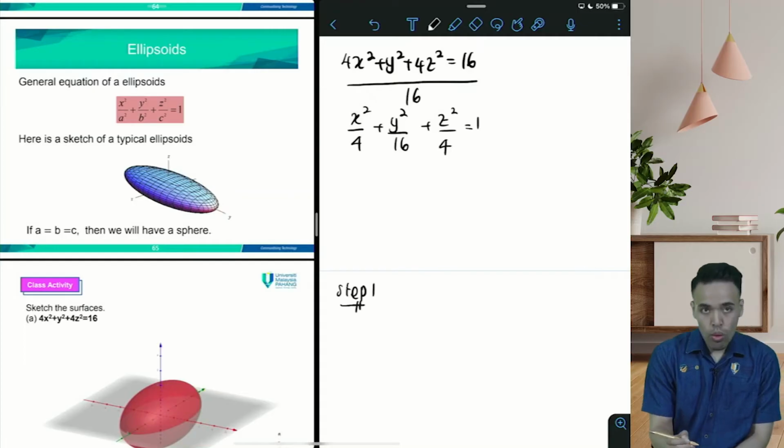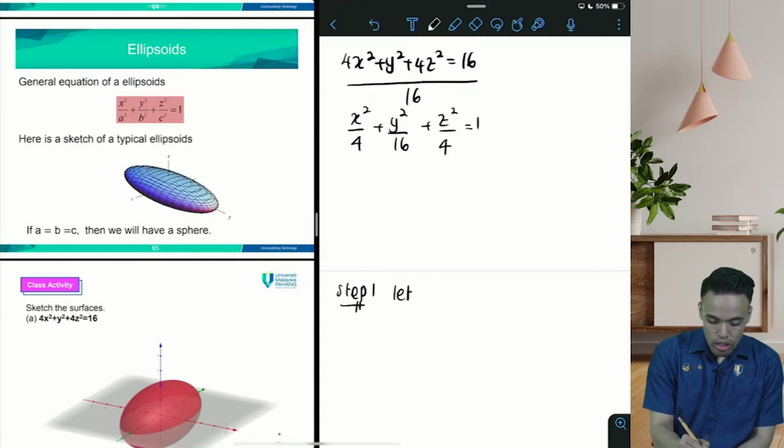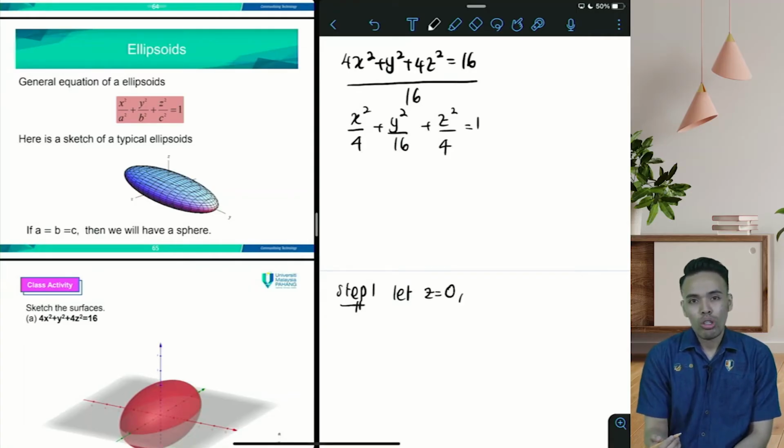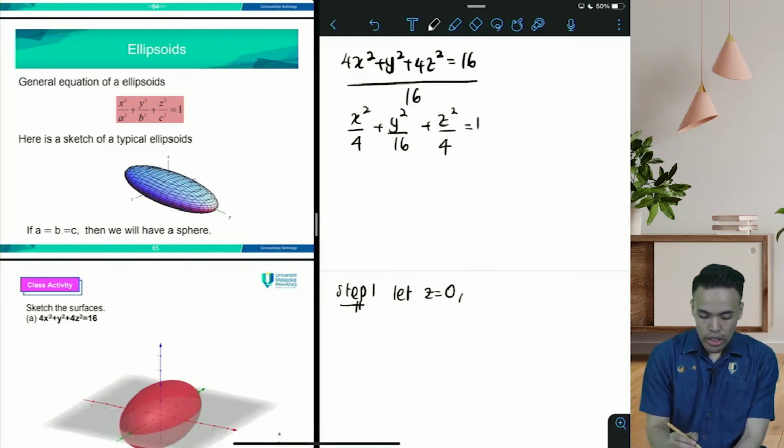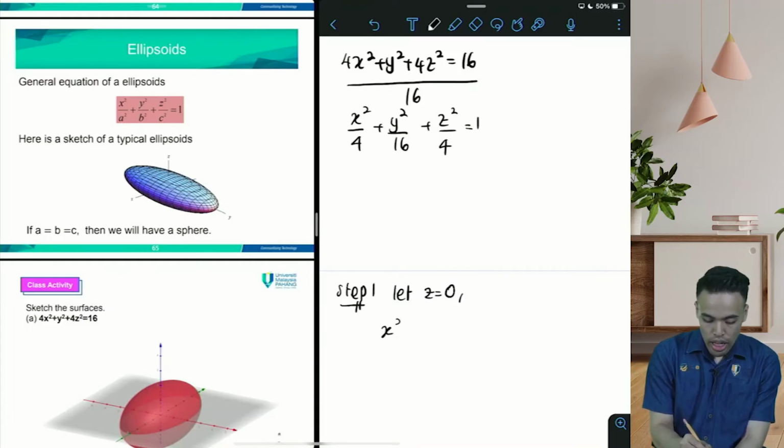Okay, step number 1, you have to let z is equal to 0 because you try to observe your surface along the z axis or z direction. So in this case, you will end up getting x squared over 4 plus y squared over 16 equal to 1.